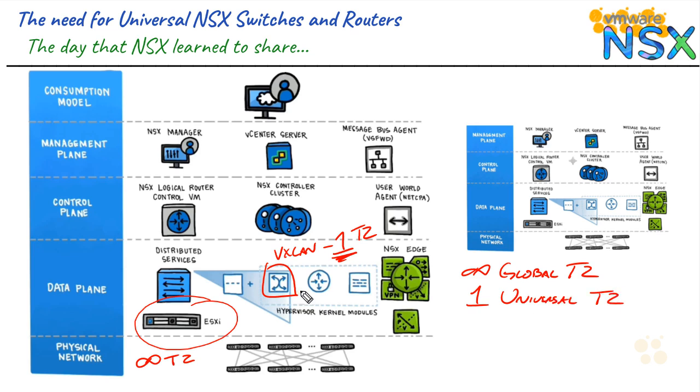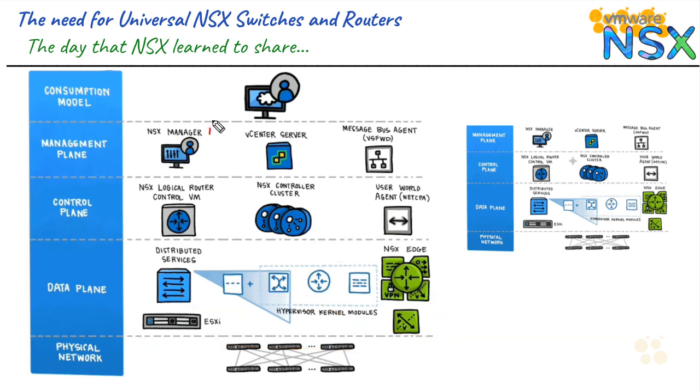But when we build VXLANs and associate them with that universal transport zone, and we have ESXi hosts that are associated with that universal transport zone across separate vCenter servers, then we can share in that same configuration and have that end-to-end configuration that we want. This configuration will end up with one of our NSX managers being described as a primary manager and another one being the secondary manager. We'll create our universal objects in one and replicate them to the other, and then we will have this universal capability that we need.